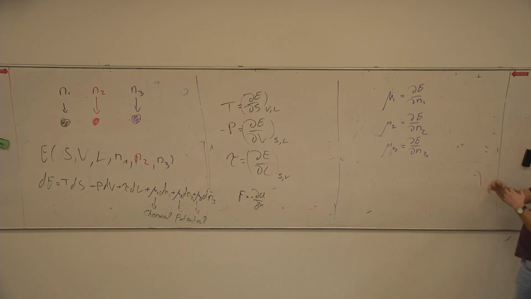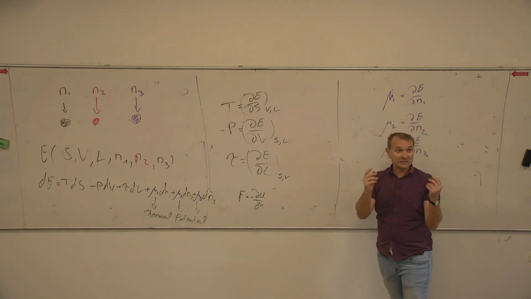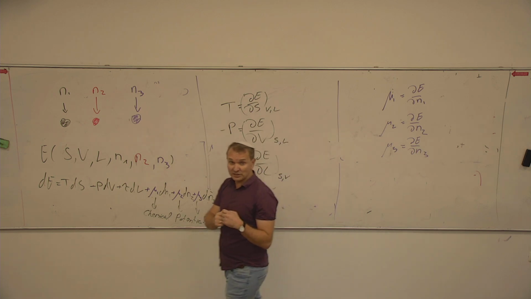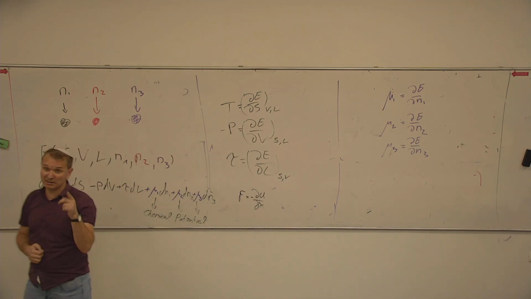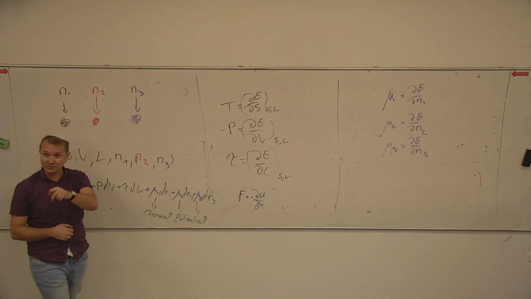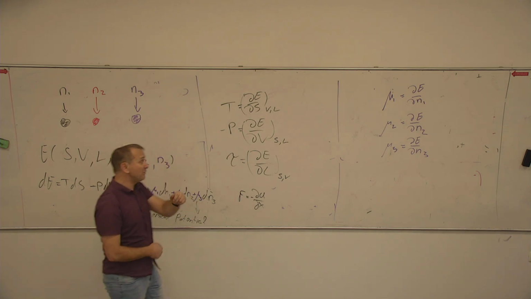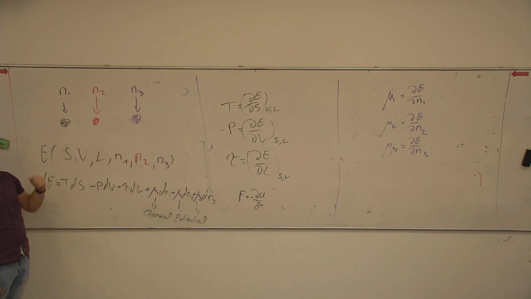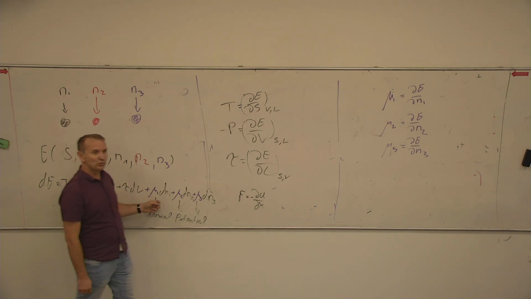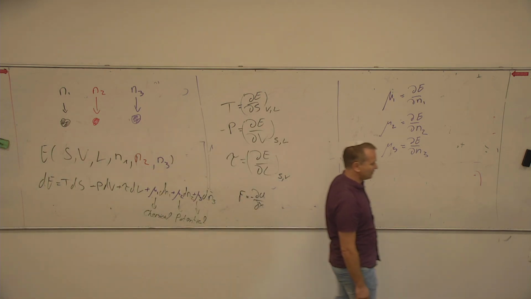Now, if you think about another generalized coordinate, it's important that this generalized coordinate has to be extensive. I will define a generalized force, which is simply the derivative of the energy with respect to your new generalized coordinate.